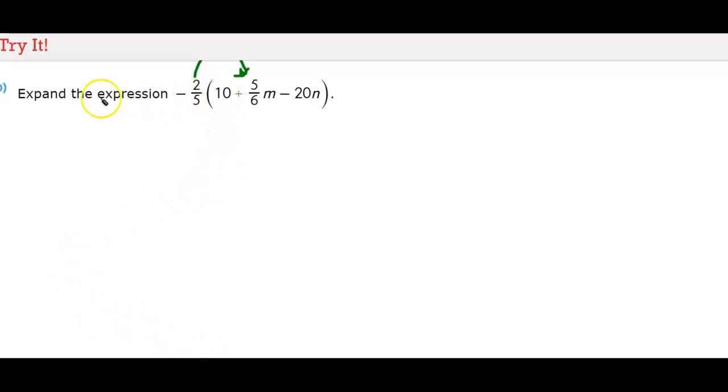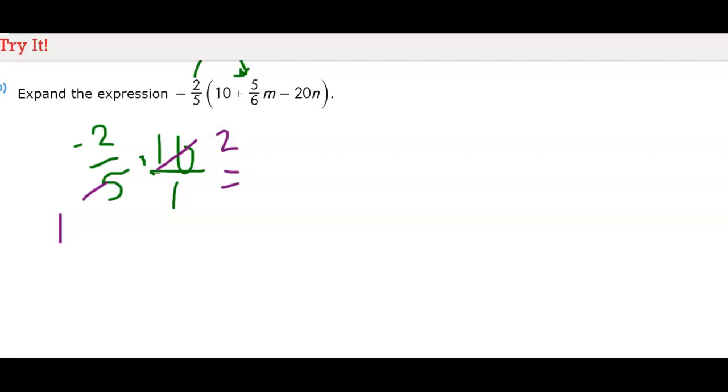Actually, I'm going to show you it worked out. So negative 2/5 times 10. That is going to be 10/1 to make it a fraction. We're going to simplify first. Negative 5 divided by 5 is 1. 10 divided by 5 is 2. And then we have negative 2 times 2, which is going to be negative 4 over 1, which equals negative 4.